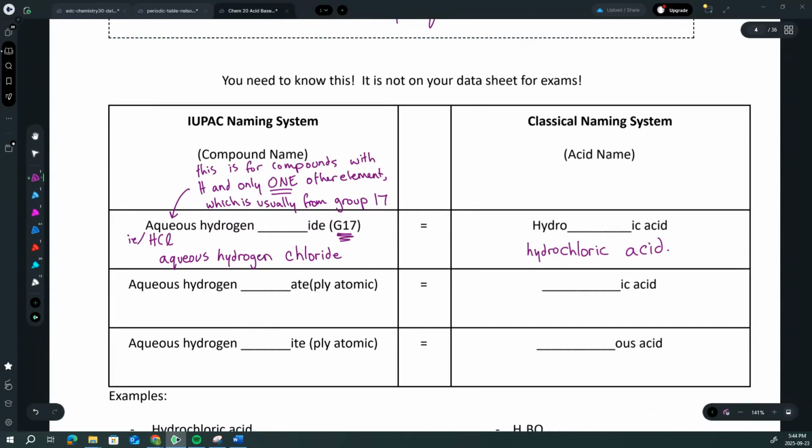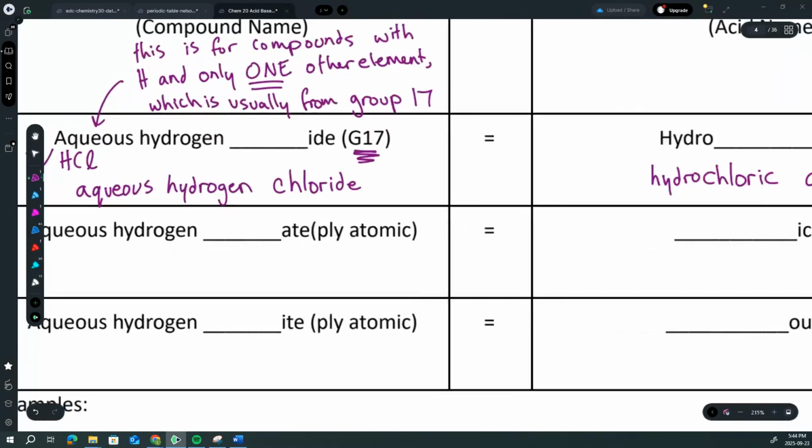Okay, so I'm going to go through the rest of these, but then I'll give you a mnemonic device or a memory device to help you remember how to name acids.